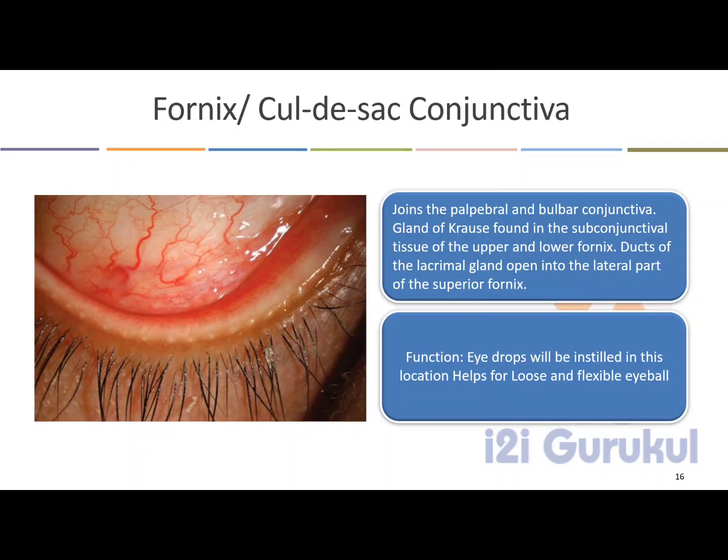Numerous glands or goblet cells are present in this region. They help with the mucin secretion, and these are loose and flexible, allowing free movement of the eyelids and eyeballs. Glands of Krause are found in the conjunctival or subconjunctival tissue of the upper and lower fornixes. These help to secrete the tears.